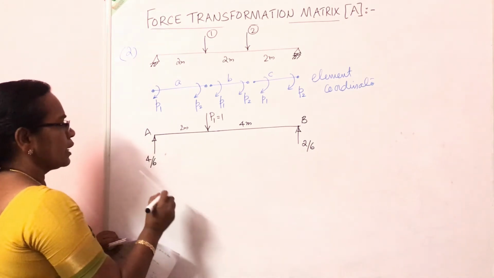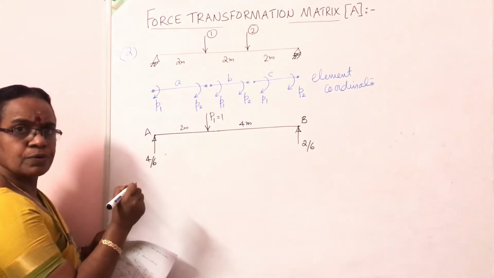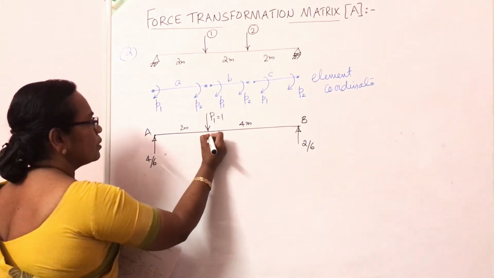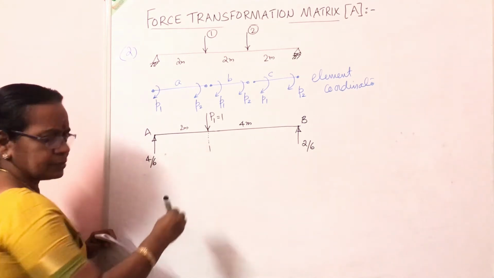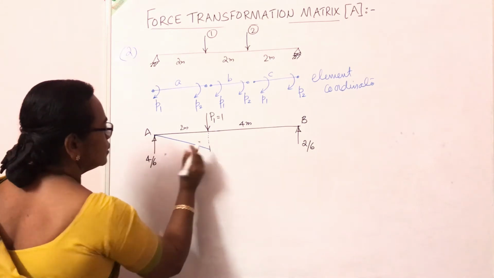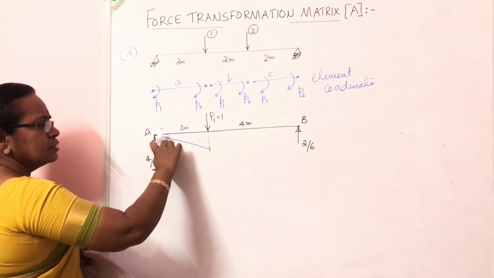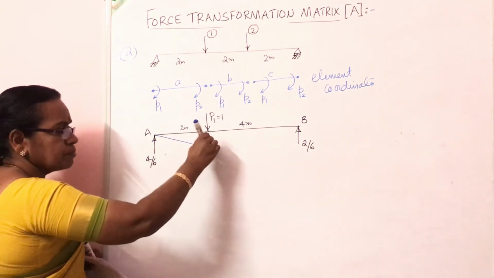Now to draw the bending moment diagram, at this point the bending moment is 0. At this point, the bending moment will be load into distance, 4 by 6 into 2. This is the direction of the reaction. Take moment about this, it comes in clockwise direction. So it comes below the line.